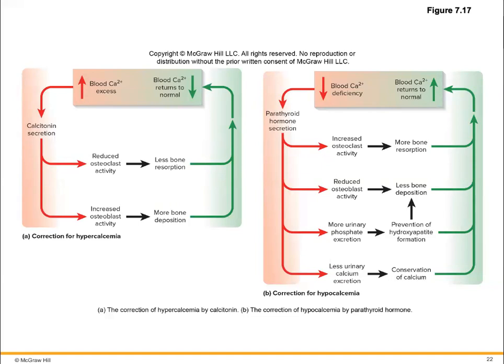PTH, you could think of it being the parathyroid and it's voiding the bone of calcium. Another way to think of it, calcitonin has "tone in" it and it's calcium into the bones, while parathyroid is a void of the calcium in the bones. So there's lots of little mnemonic tricks that you can pick up to try to help you remember these things.